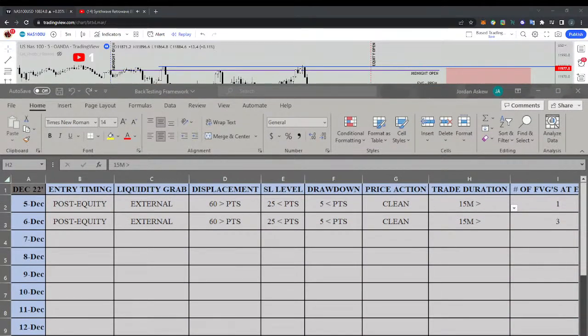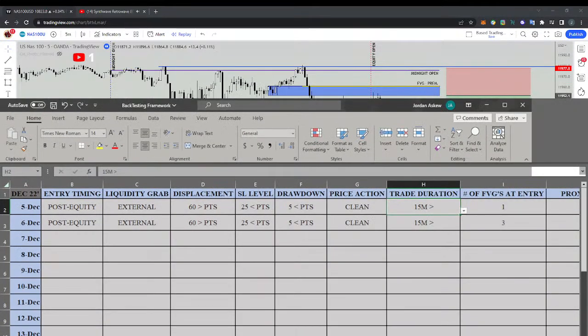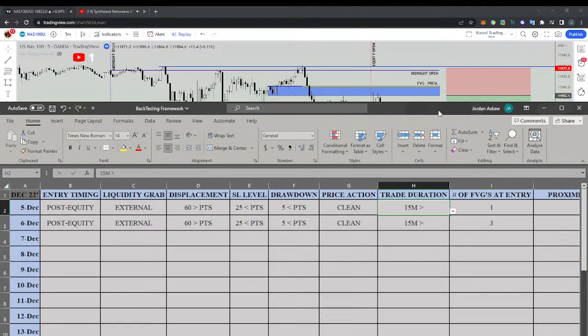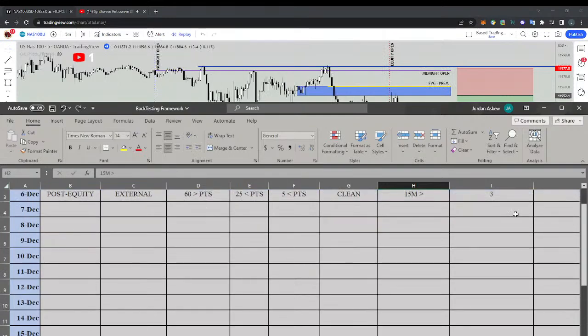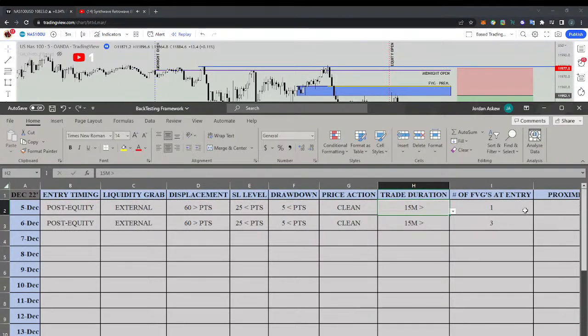Now we get into some other things about the quality of the trade. And let me go ahead and make this bigger so you can see. So at the entry point, how many fair value gaps were there? Well, we are entering on a 15-minute fair value gap retest. So there's only one of consequence, right? And if you go down to the 5 and the 1 minute, there are some fair value gaps near the top end of this breaker.